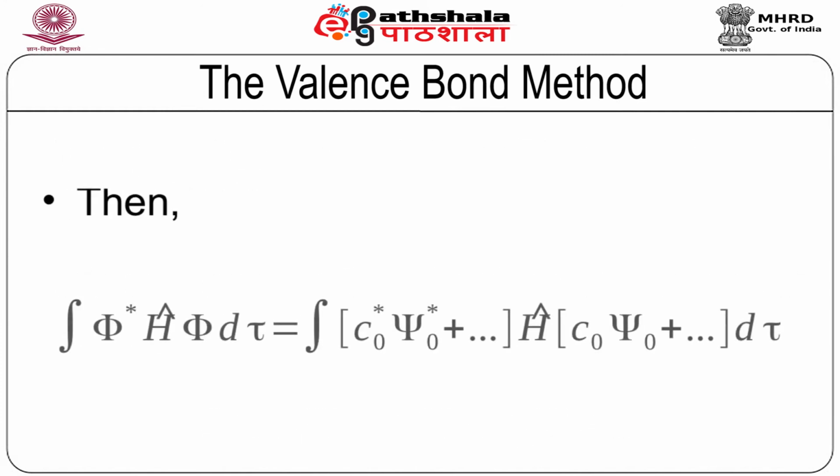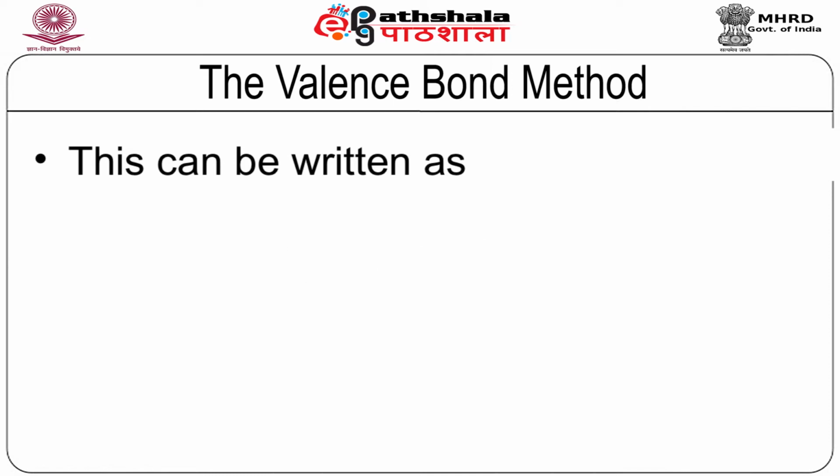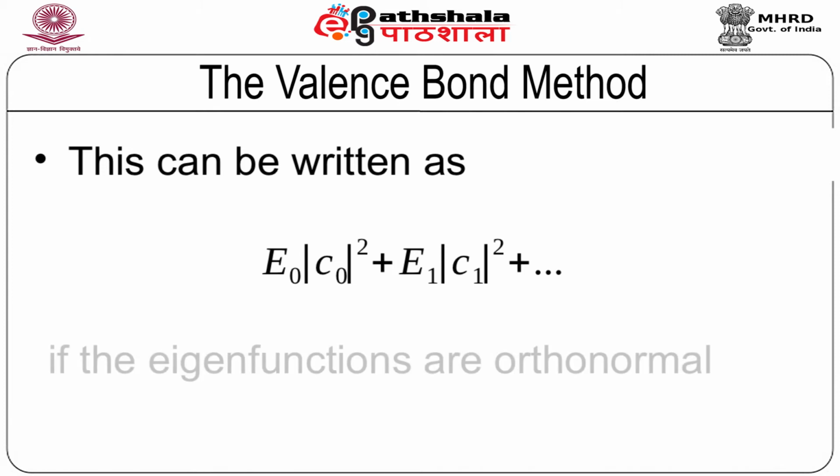Then the integral of phi star H phi d tau equals the integral of C0 star psi0 star plus C1 star psi1 star plus other terms, times H, times C0 psi0 plus C1 psi1 plus other terms, d tau, and this comes out as E0 mod C0 square plus E1 mod C1 square plus so on, if the eigenfunctions are orthonormal.